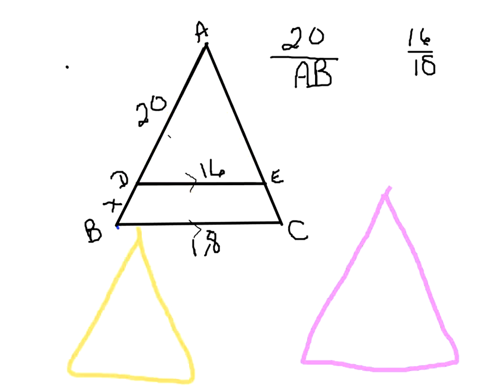If I write the actual lengths on here, this was 20 and this was 16. This was 18 and this is AB that I'm going to find. I know that part of AB is 20, but I'm going to find the whole thing. So that's where I got the 20 over AB is equal to 16 over 18.